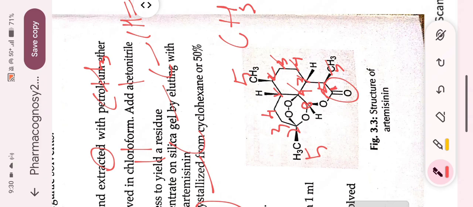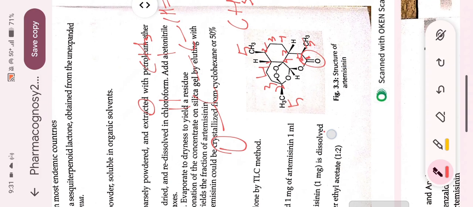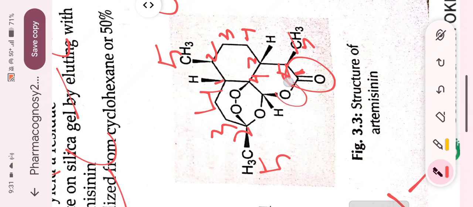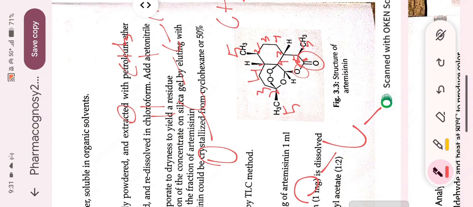You can think of it as the extra branched one. It is having a carbon and one oxygen.